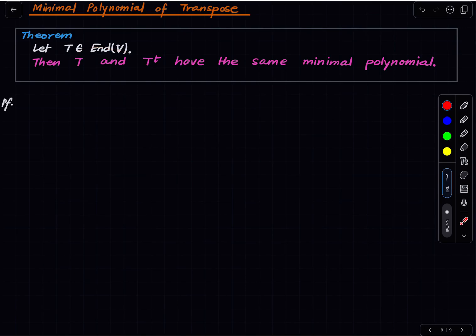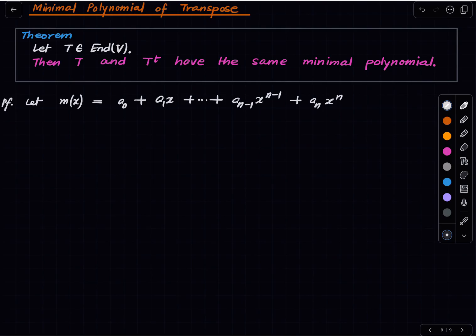Okay, so how do we prove this? Let Mx be the minimal polynomial of T, and let us also write it maybe in this fashion. And let this be the minimal polynomial of the transpose.